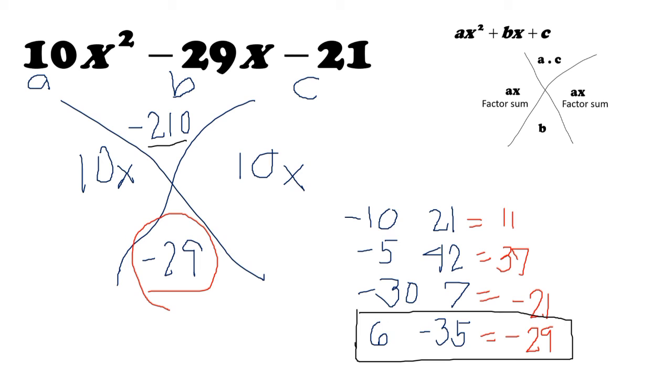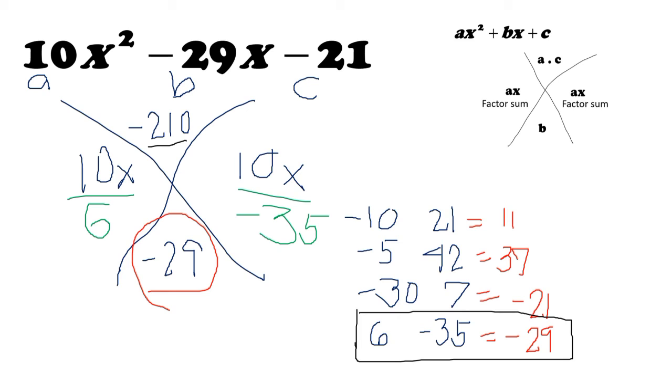So what would be next? Since we have now the factors, which are 6 and negative 35, we have to bring them down. So we have here 6, and negative 35.